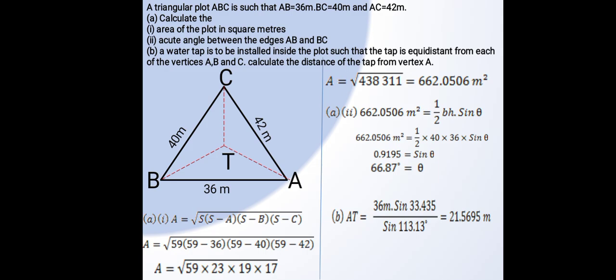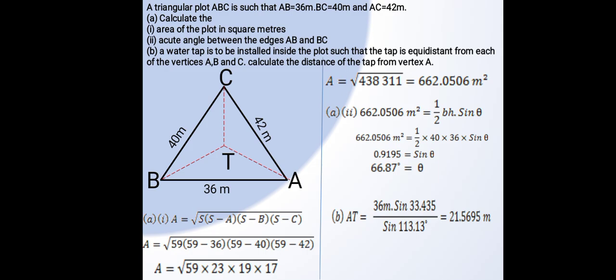And then the last part, we have been told a water tap is installed inside the plot such that the tap is equidistant from the vertices A, B, and C. Calculate the distance of the tap from vertex A. Now, the distance of the tap from vertex A will be the distance AT.